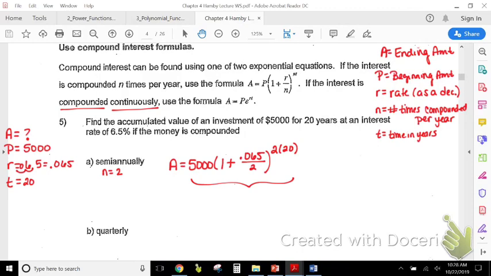I know what 2 times 20 is, so I'm just going to make that a little easier on myself, especially because if you have one of the older calculators, you have to put that 2 times 20 in parentheses. You have to tell it that both of them are in the exponent. So if you can multiply, just go ahead and do it. Then type the rest of it in the calculator, unless you want to do it by hand.